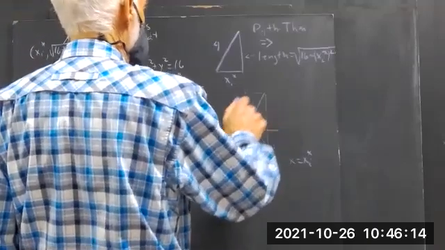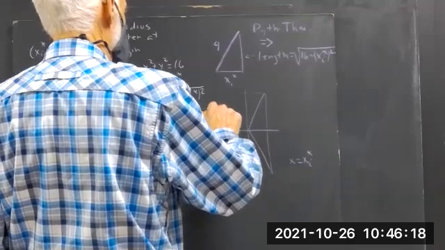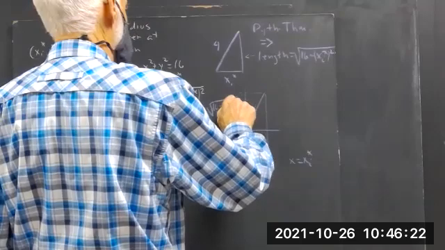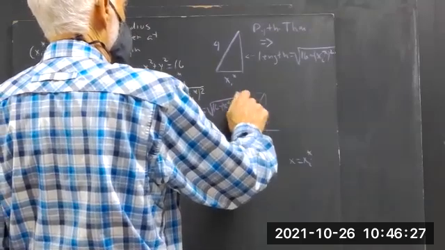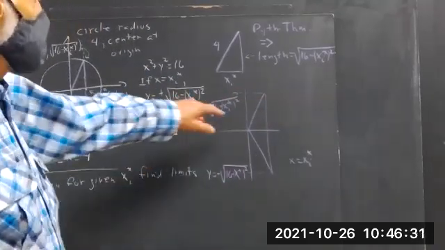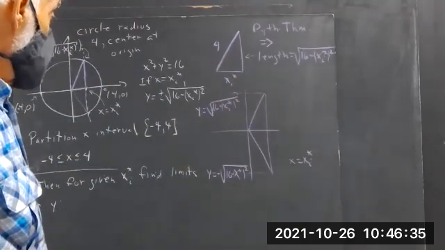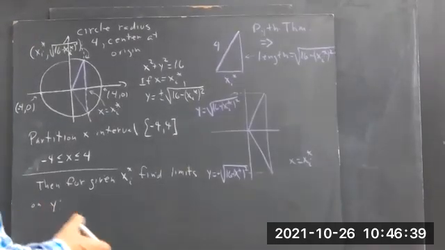And up here, y equals the square root of 16 minus xi star squared. So what are the limits on y?